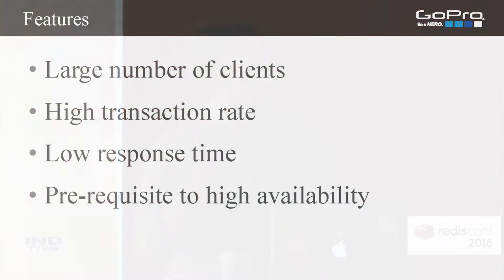There's also some programming techniques you can take advantage of to, again, increase your transaction rate by dropping your response time. So we're going to start with clustering and various ways you can cluster Redis for performance. And again, as I mentioned, these are the features we're trying to get at by using this technique.